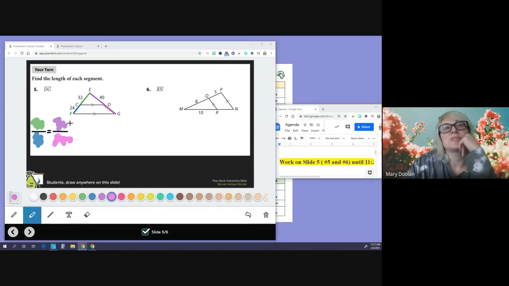Okay, so I just put squiggles here because you're going to put those numbers there, 32, 24, 40, unknown, and then you've got to solve it.